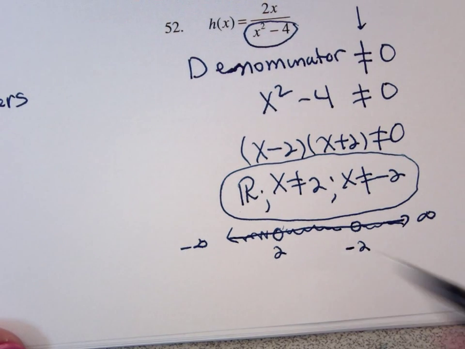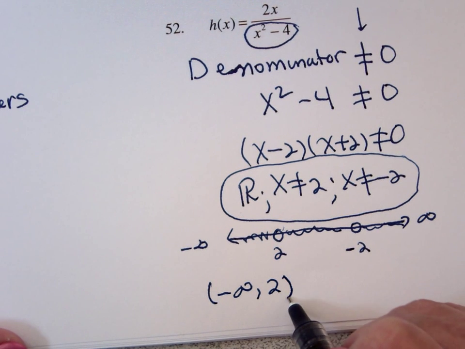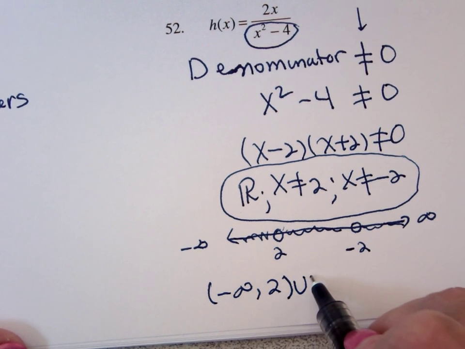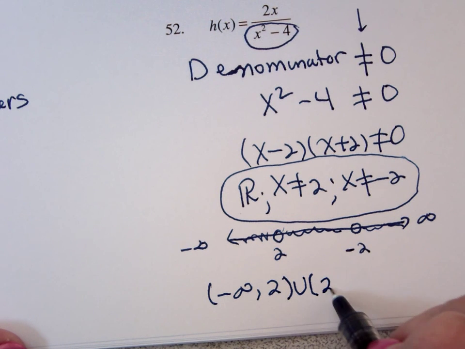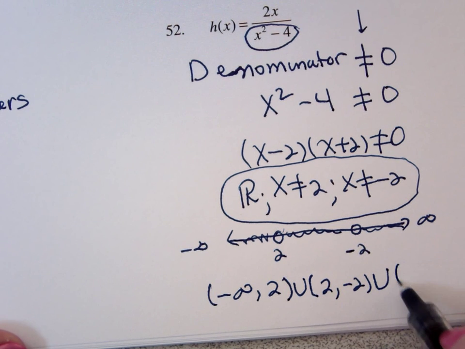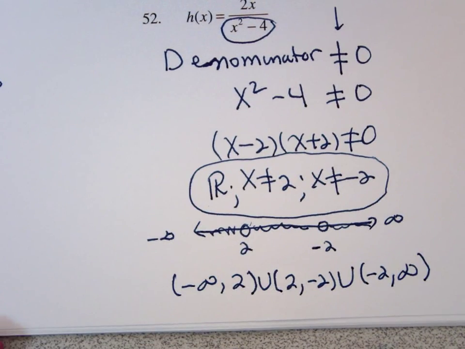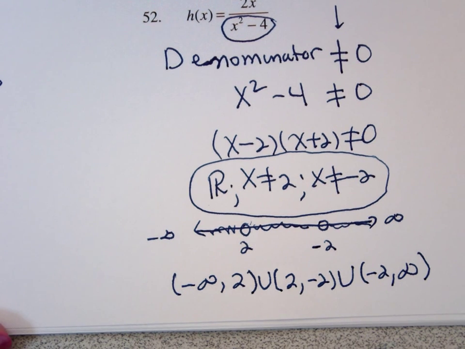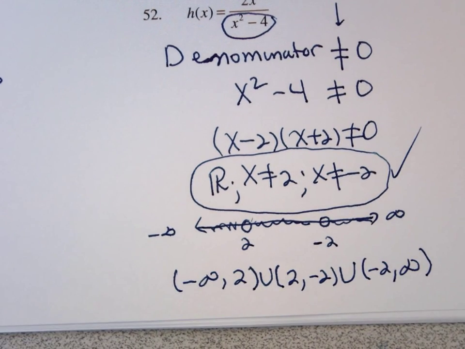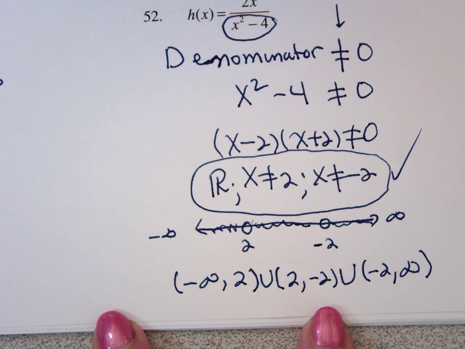So if you want to write an interval notation, it would be minus infinity to negative 2, not including, union, negative 2 to 2, not including, union, 2 to infinity. And that's another way of writing it. But to me, that's a pain. That's quick, and I don't have to worry about anything. Will we use intervals? The answer is yes. You'll find you'll use them a lot in Chapter 3, but they're going to be in a different context.